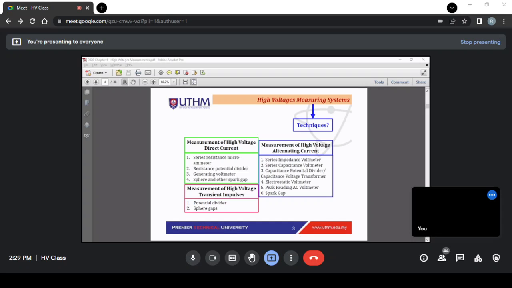That is the reason why alternating current is used widely in practice. Sebab tu less risk, less risiko, less hazardous. And again, if we are going to have a constant voltage or current at a very high value, the insulation will be different, like the power equipment will be different.